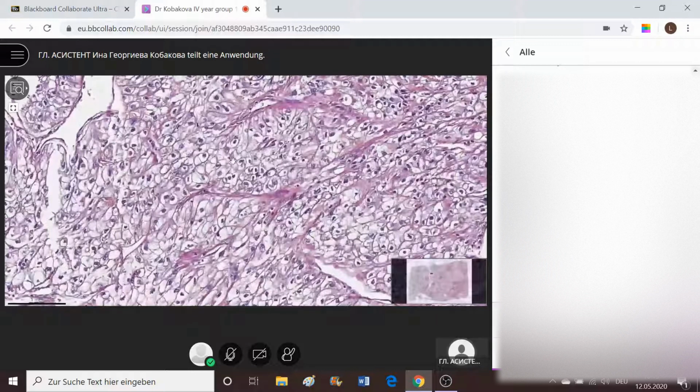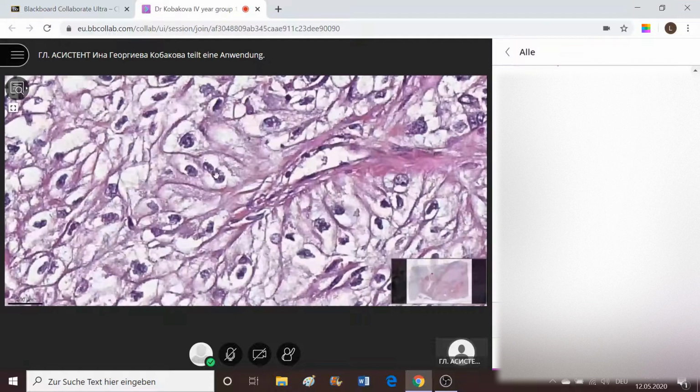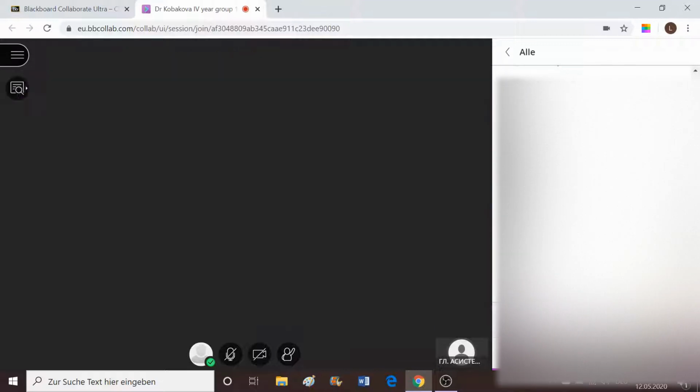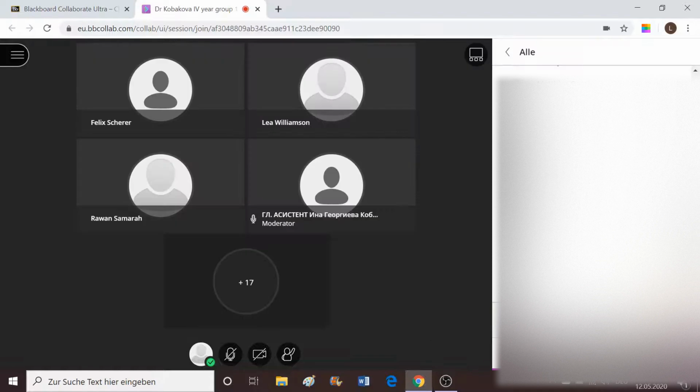If we increase it more, you can see that those eosinophilic nucleoli are obvious. This is at the magnification of 400, and we might consider this one as a well-differentiated tumor, or a low grade one.